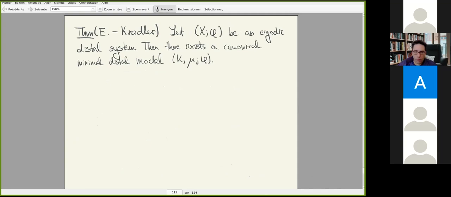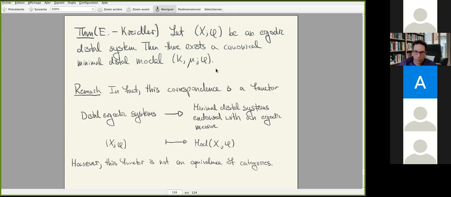So one can then prove that an ergodic distal system has, in fact, a minimal distal model. Lindenstrauss already told us this, but this minimal distal model is actually completely canonical. And as I indicated, it's actually a functor.